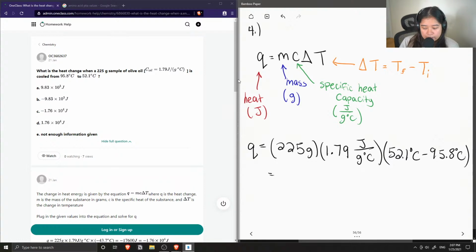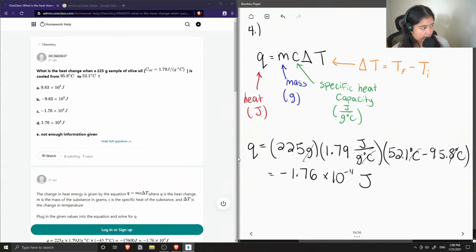Okay, so when doing this calculation, I would do the subtraction first in brackets, and then multiply it out, and you should end up with a negative value, negative 1.76 times 10 to the negative 4, and the units are in joules. So if we look at the options that are given, this is option C.